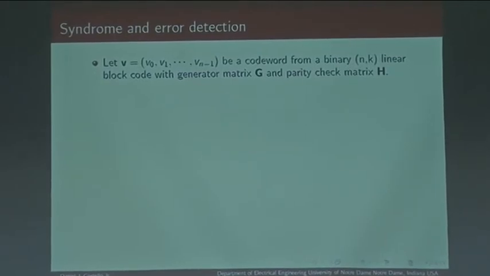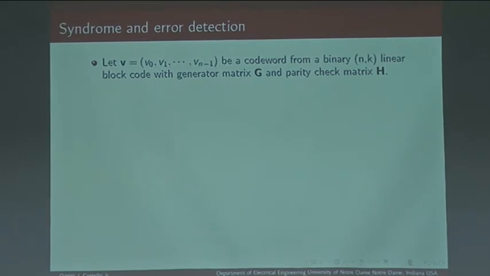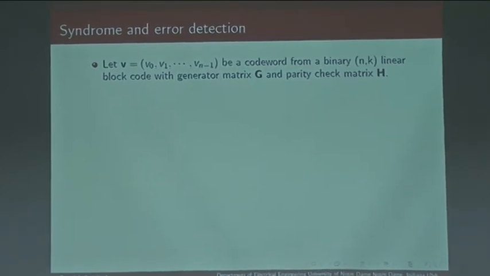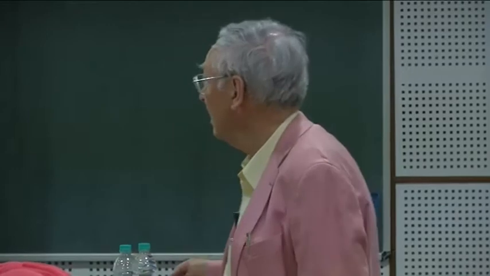So I said that one of the advantages of defining codes from the H matrix point of view is that it's more related to decoding, whereas the G matrix is more related to encoding.